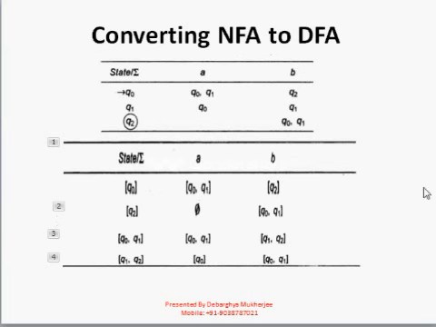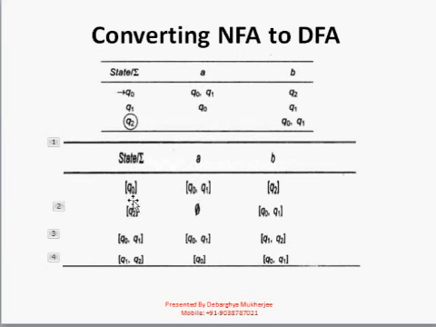Now here we can see that if we apply A over Q0, then we are getting Q0 and Q1 state, and if we apply B over Q0, then we are getting Q2.